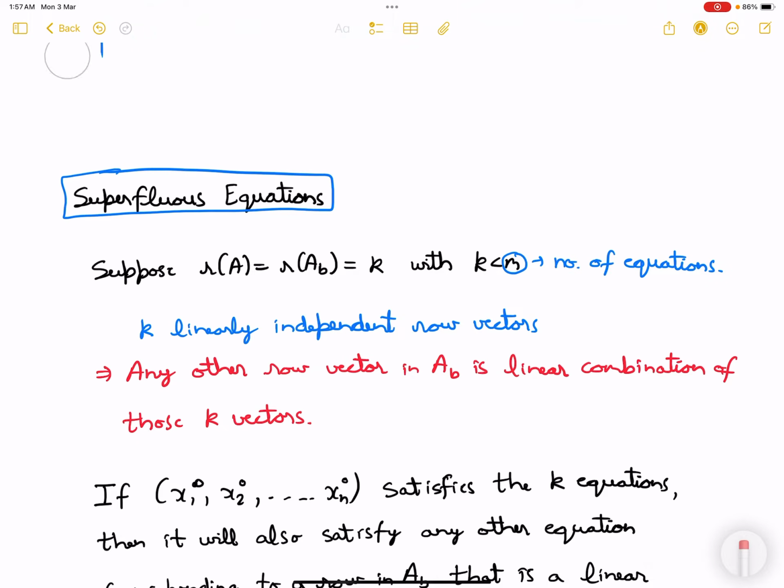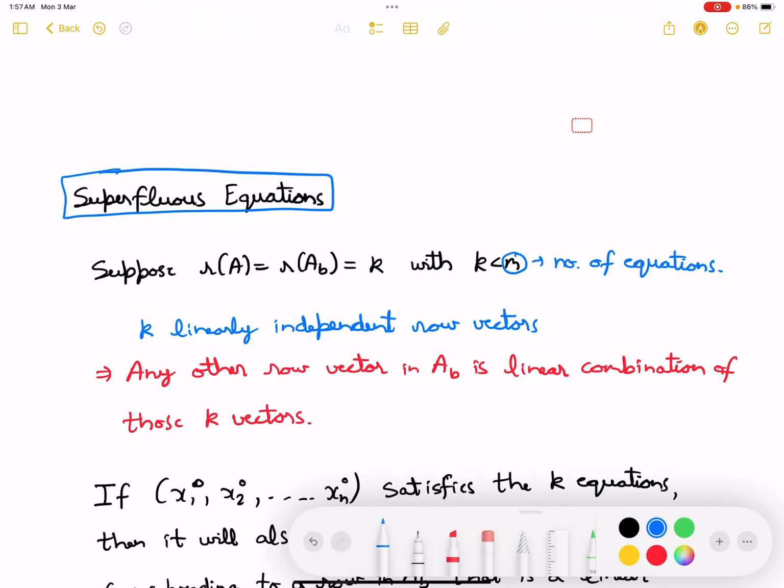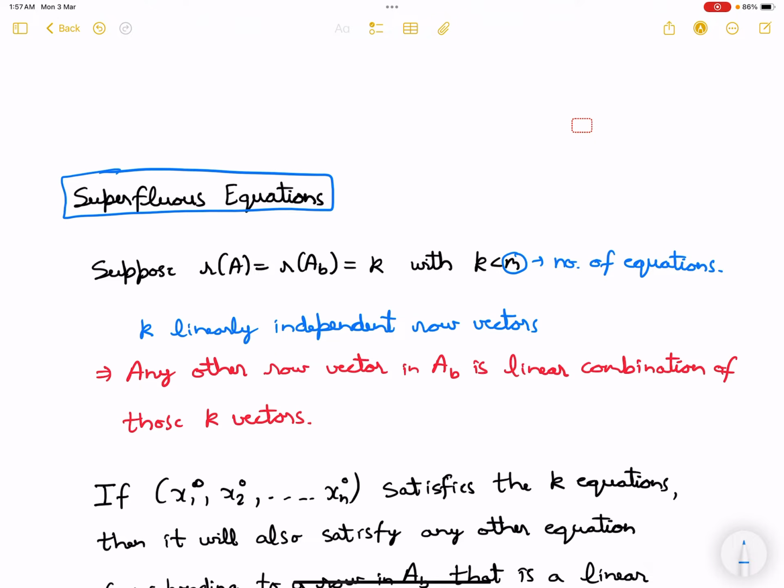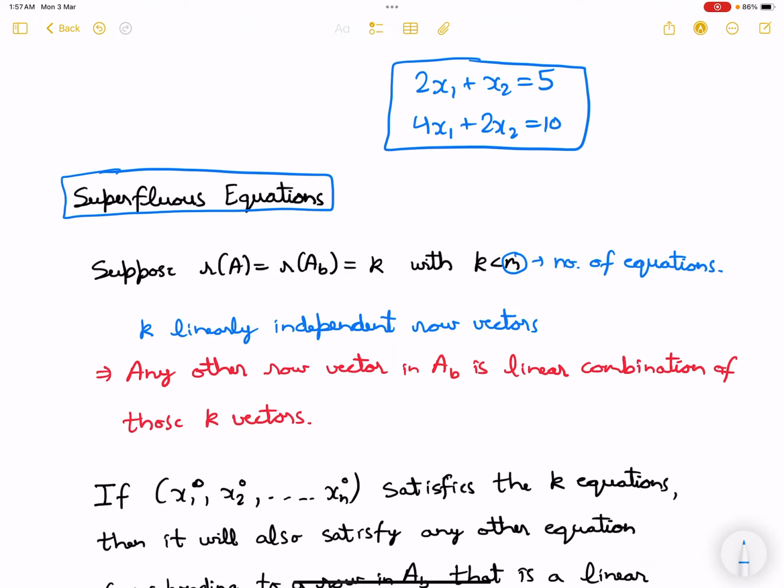Suppose we have 10, 12 equations or even 3, 4 equations, and one of the equations is 2x1 plus x2 equals 5, and another equation is 4x1 plus 2x2 equals 10. You will see both these equations are giving you the same thing.